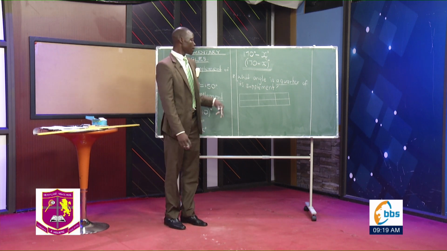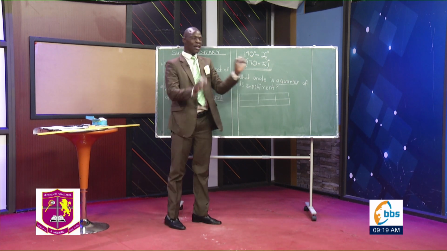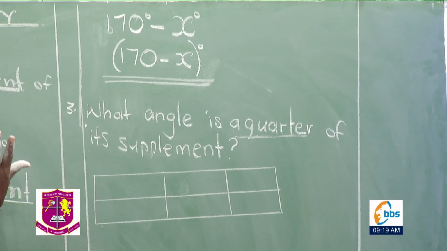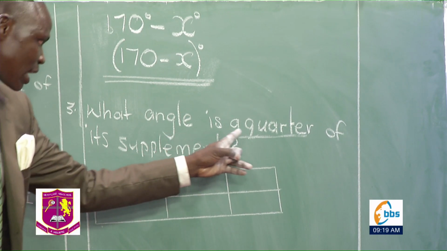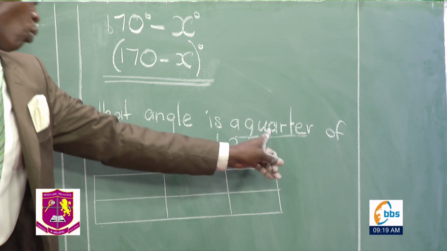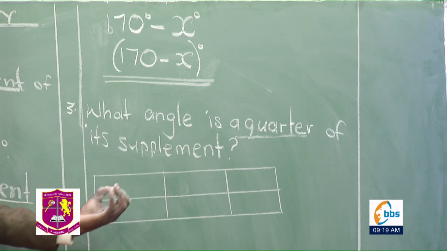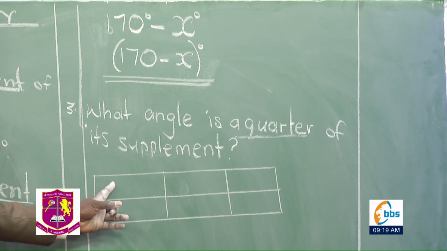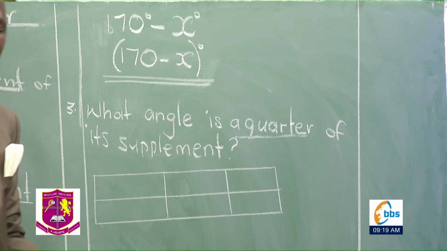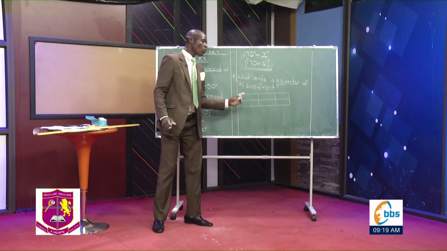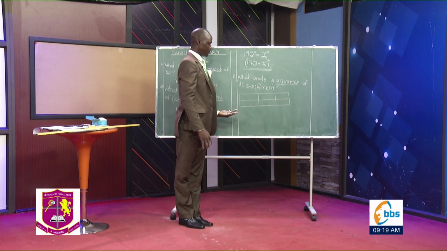So we shall say, since the question is saying, never move away from your question so that you don't misfire. What angle is a quarter of its supplement? It is easier for this case to first know its supplement, then that angle will be just a quarter of its supplement.